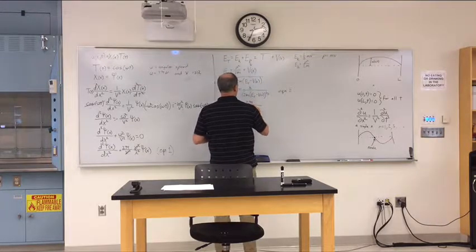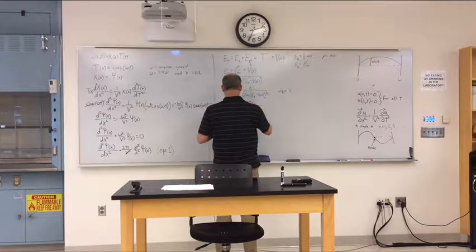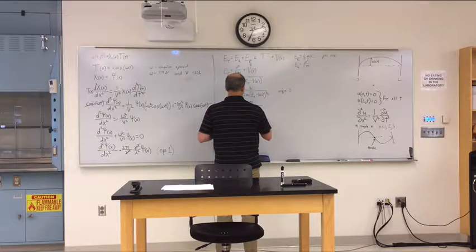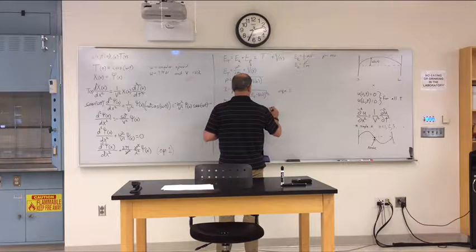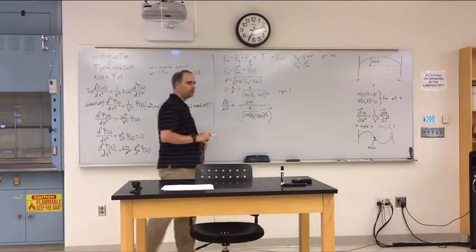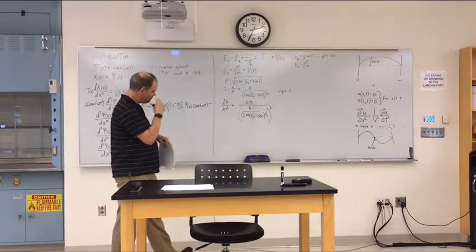So that would be h squared, I'll write it out, 2m(E total minus V of x) to the 1/2, that whole thing squared.